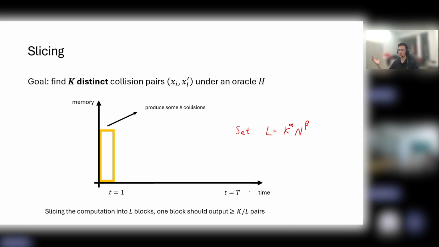Let's say you take L equal to k. Then the problem is that for each block, the requirement is too weak, because in each block you want to find at least one pair with some number of queries. This is too weak to prove the general statement. So we want to set L so that it is good enough that we can get a meaningful bound.